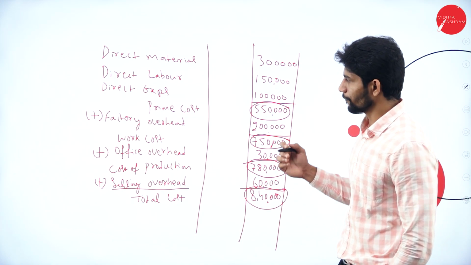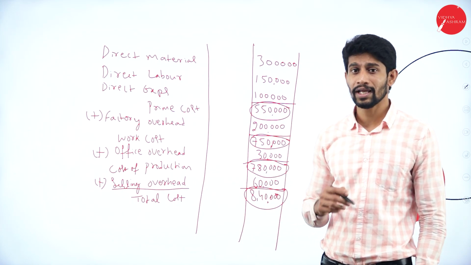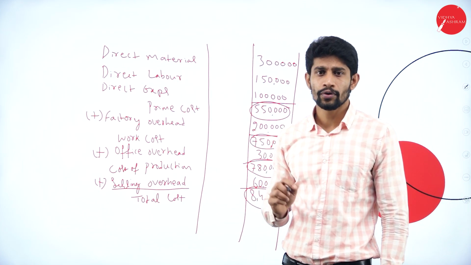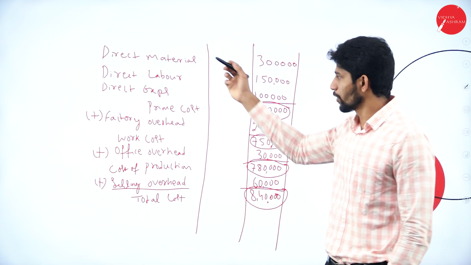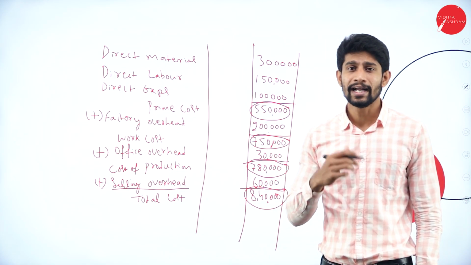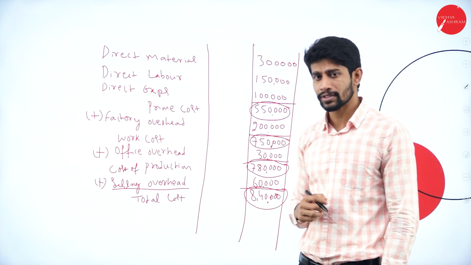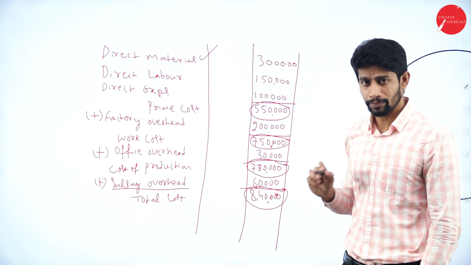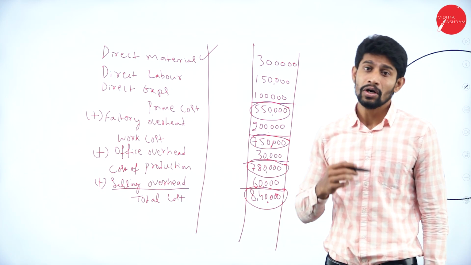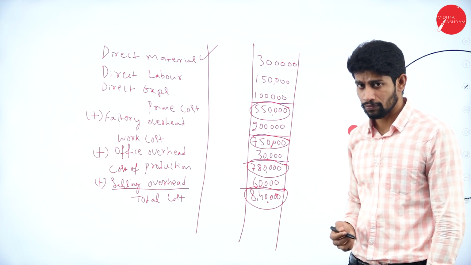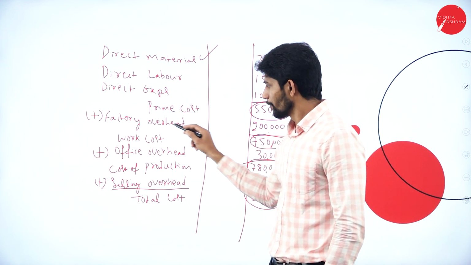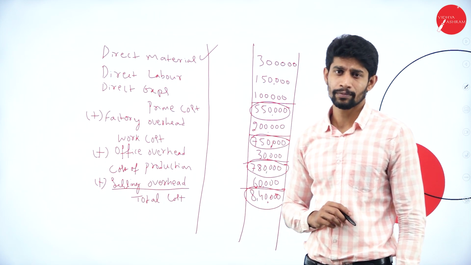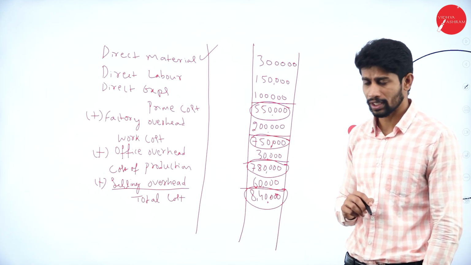Sometimes the problem gives you opening stock of raw material. Where will we take it? Here in direct material, first we take the opening stock of raw material, add purchase of raw material and carriage inward, and less closing stock of raw material. If opening and closing stock of work in progress are given, then after finding the factory overhead, we add opening stock of work in progress and less closing stock of work in progress.